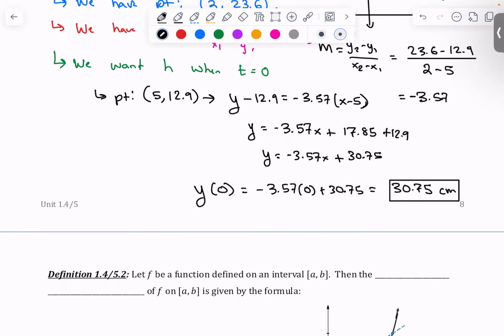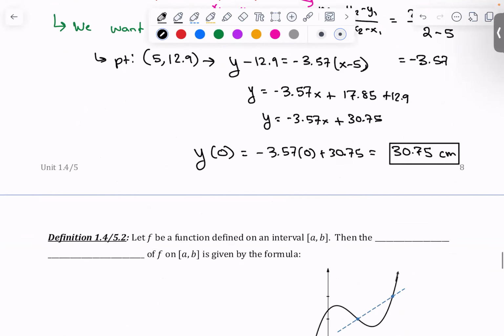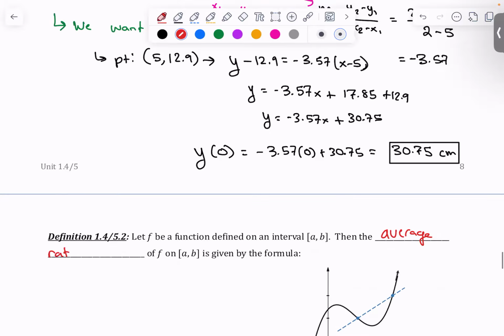Next. Last thing for today is the average rate of change. Let f be a function defined on an interval a to b. Then the average rate of change, which we're going to abbreviate AROC so we don't have to write average rate of change ever again.